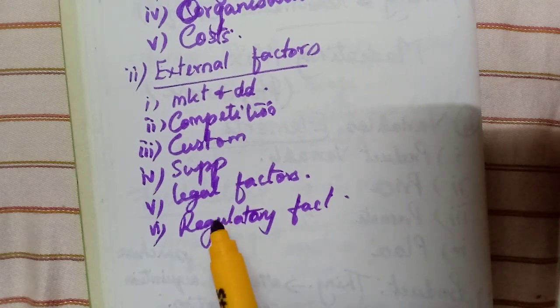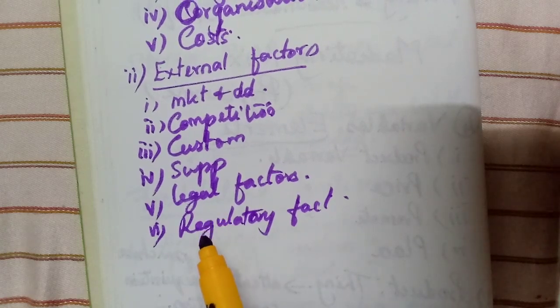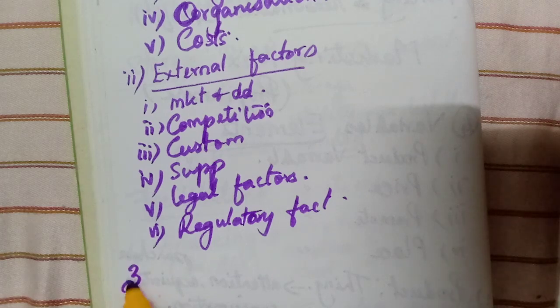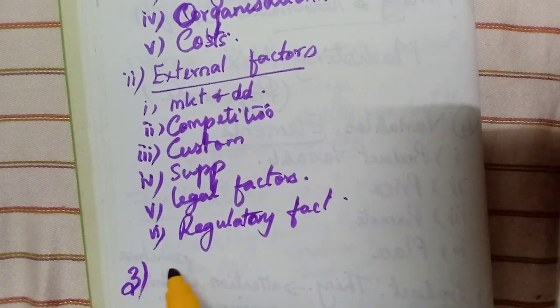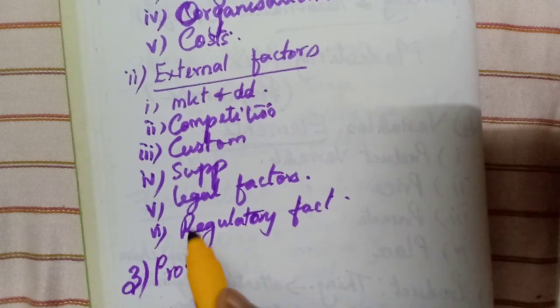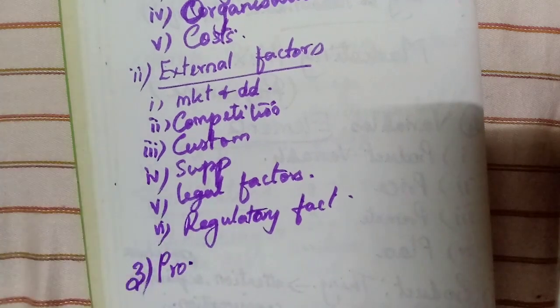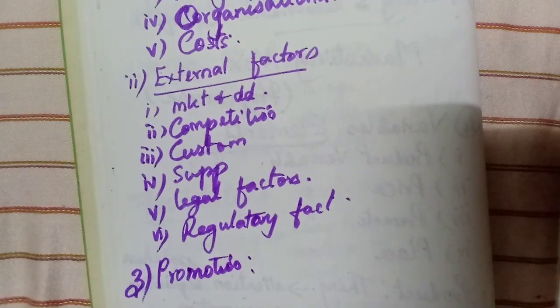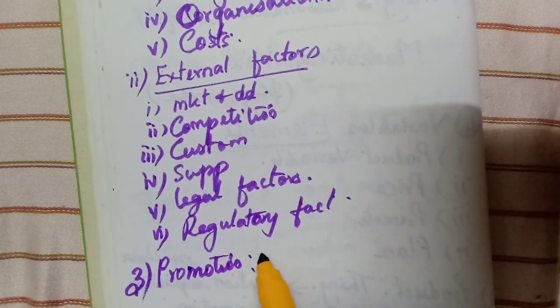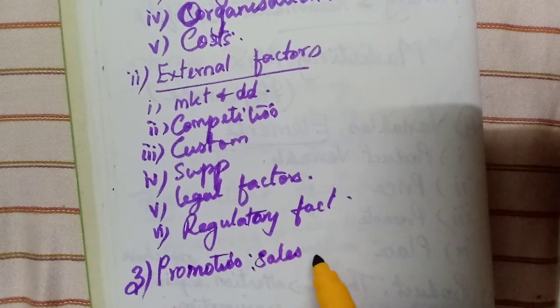Now the second mix is what? Price mix. Then the third one is promotion. Product, price, promotion. Promotion, we know very well, is advertising, isn't it? So sales promotional activities must be carried out to sell them.